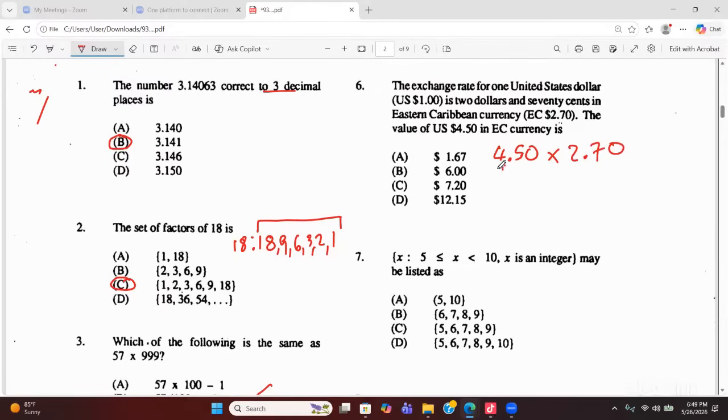This number is a little bit over 4. This number is over 2. My answer must be over 8. So I'm not even going to work this question. I know that A cannot be the answer, B cannot be the answer, C cannot be the answer. My answer must be over 8, right?